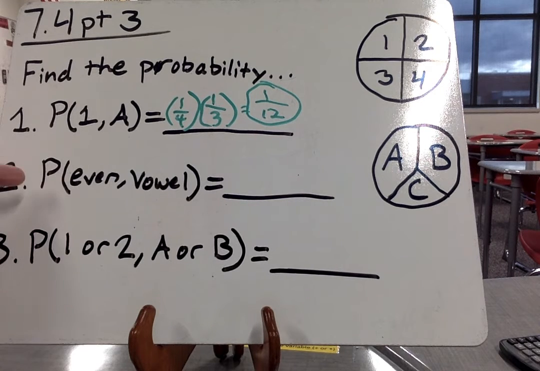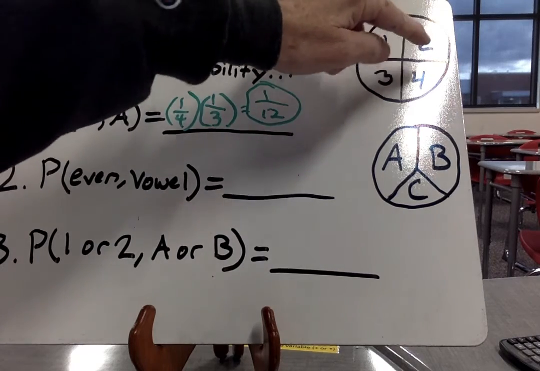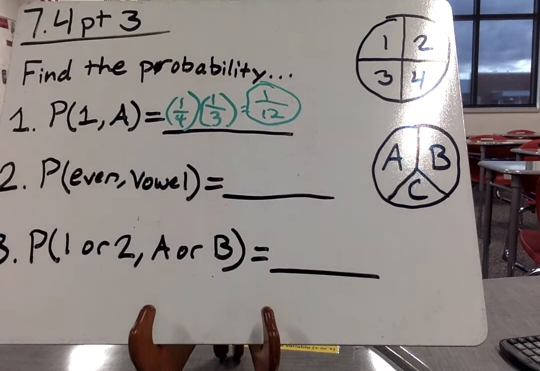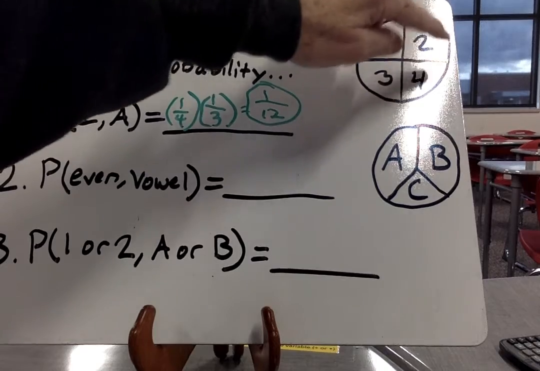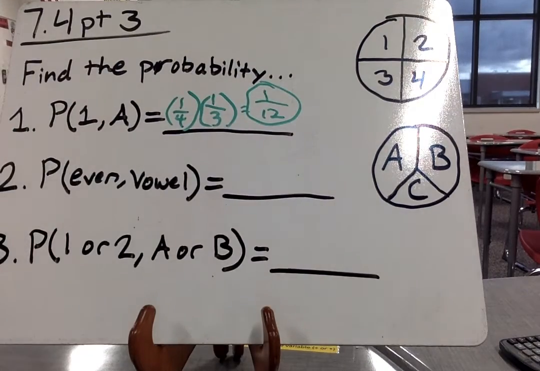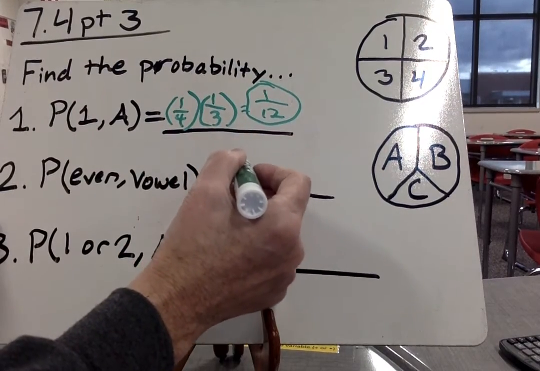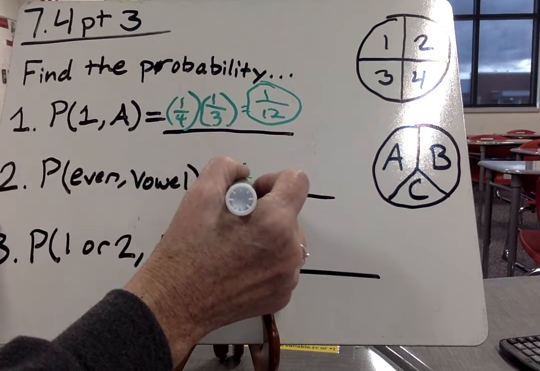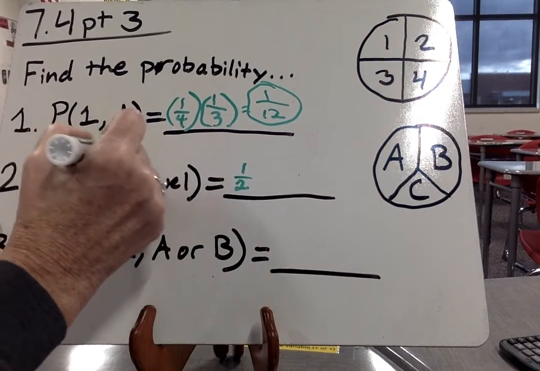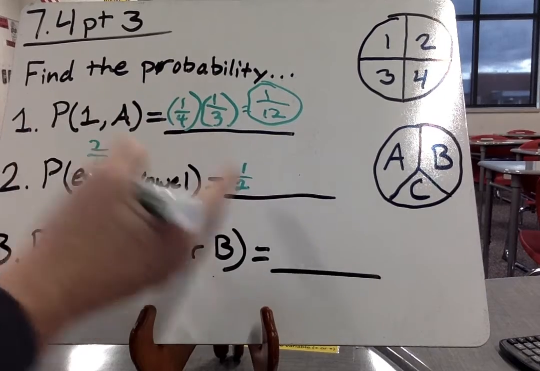Next one: what is the probability of an even number first, and then the probability of a vowel? So we have 2 and 4 that are even numbers. That's 2 out of 4 possibilities, which I'm going to simplify to 1/2. I could put 2 over 4 here, but I know it simplifies to 1/2.